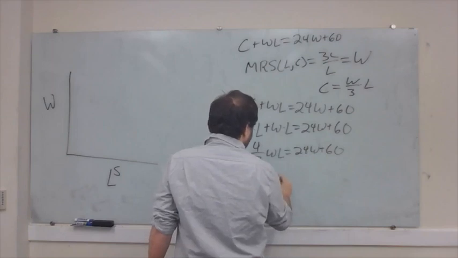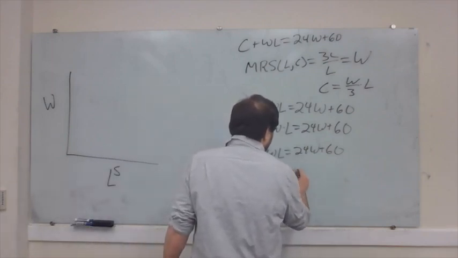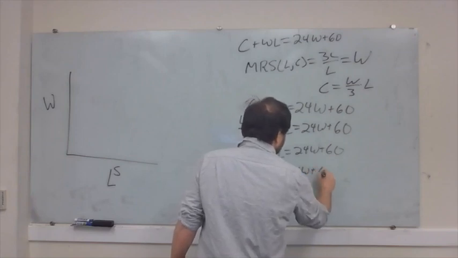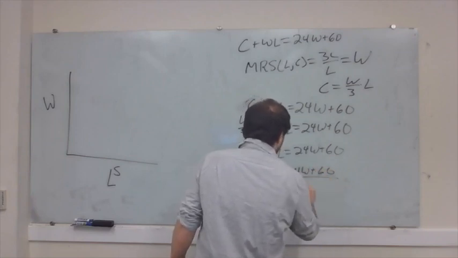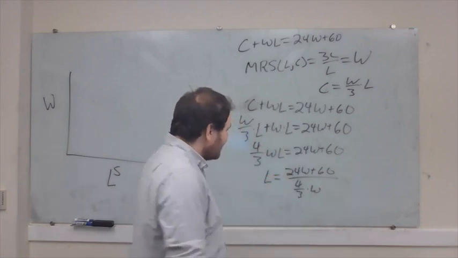So from here, we're going to say that L, which is leisure, is going to equal 24W plus 60 over 4/3 times W. What's 24W over 4/3 times W?